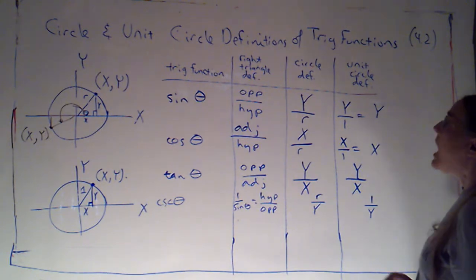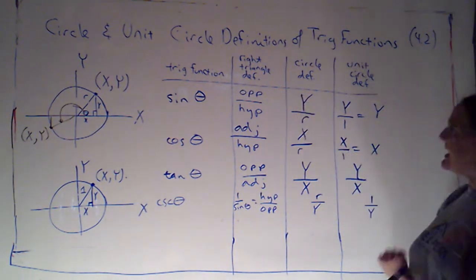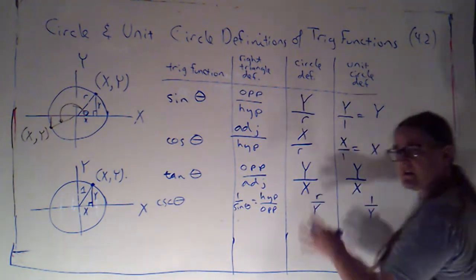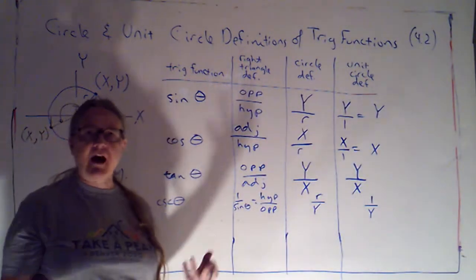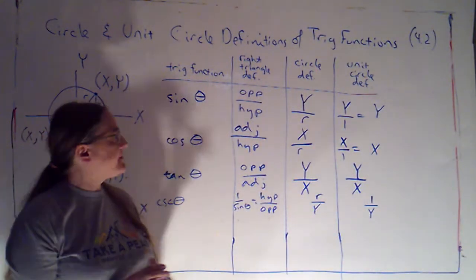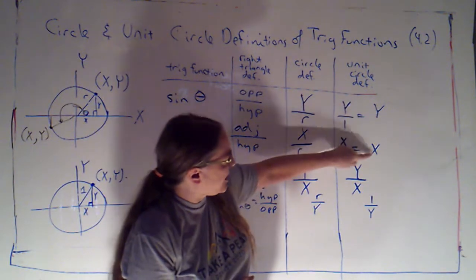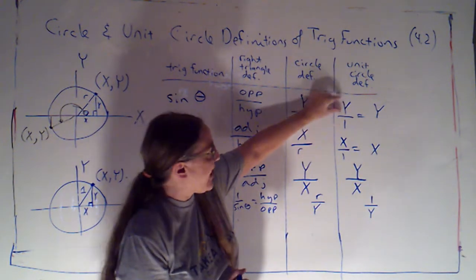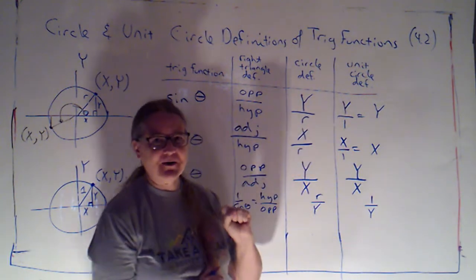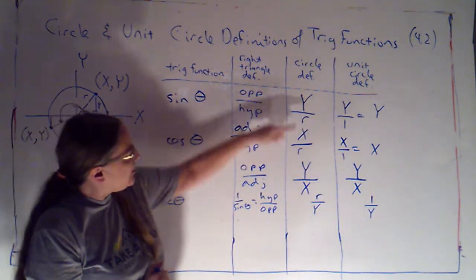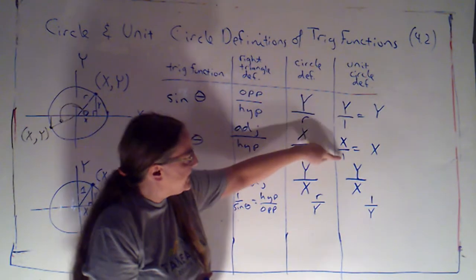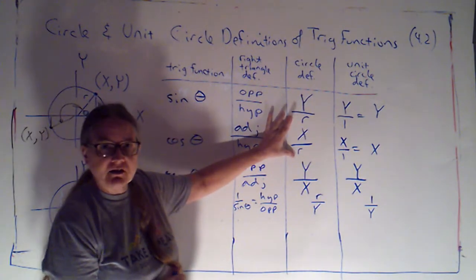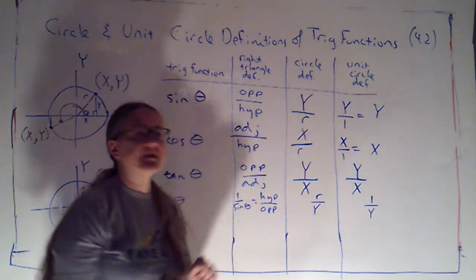Okay, let me just point out, with sine and cosine, all of these things are ratios. They all are fractions, because they all come from SOHCAHTOA. Even these, which are capital Y and capital X, start out as this ratio, y over 1 or x over 1. But with sine and cosine, what's in the denominator is the radius of the circle. So r if it's a generic circle, 1 if it's the unit circle.